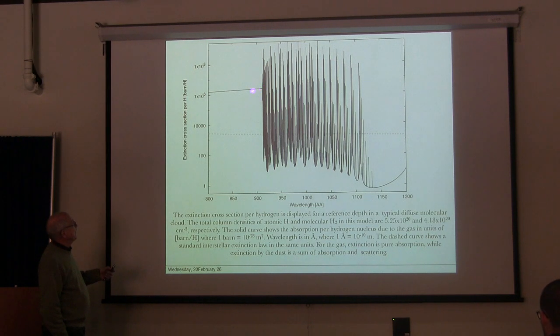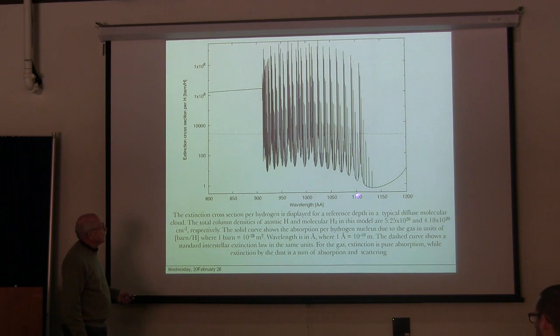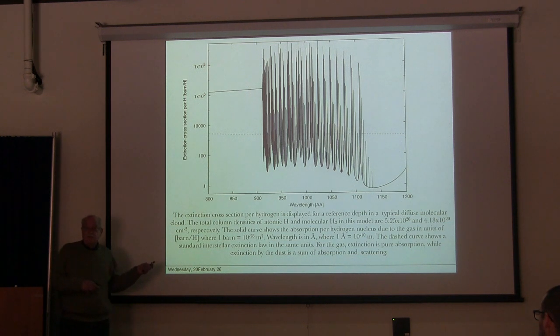So it's very high and constant in the ionization continuum of atomic hydrogen, and then all of the individual lines produce these sharp spikes. And down here, you see something that's starting to rise up, and this is the extreme wing of the Lyman alpha, the principal resonance line of atomic hydrogen at 1215.67 angstrom.